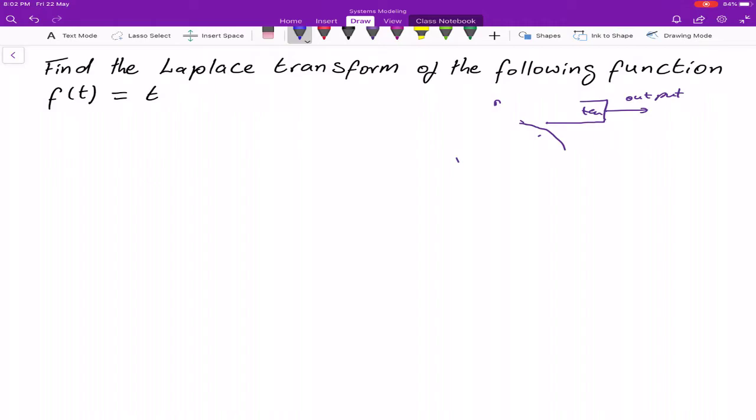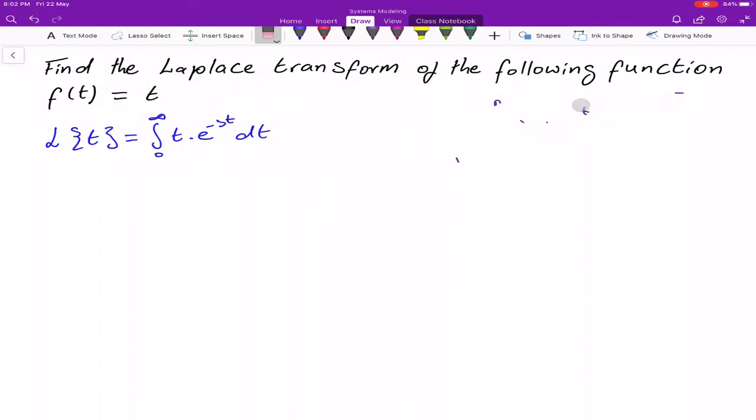So what we want is the Laplace of t is equal to integrating between 0 to infinity t times e to the minus st dt.